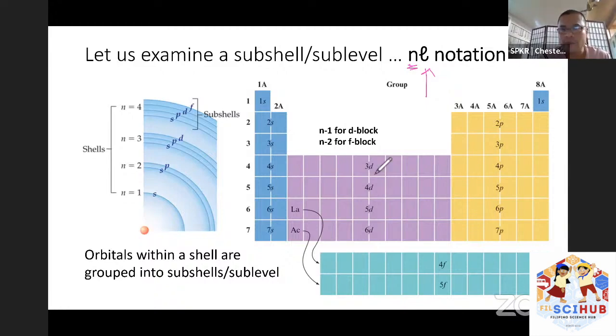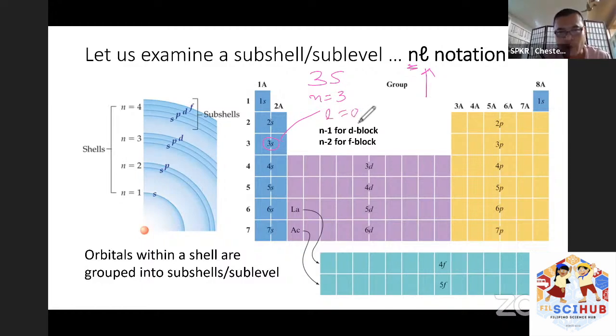Kunwari, meron kang 3s dito. So anong ibig sabihin ng 3s na ito? N equals 3 and then yung S dito, L is equivalent to 0.